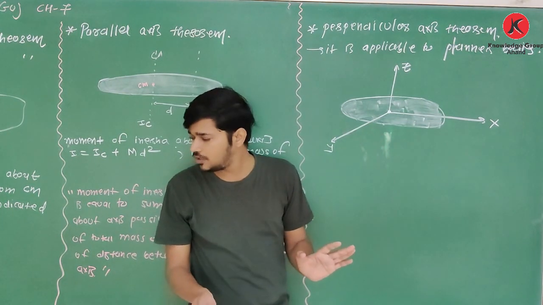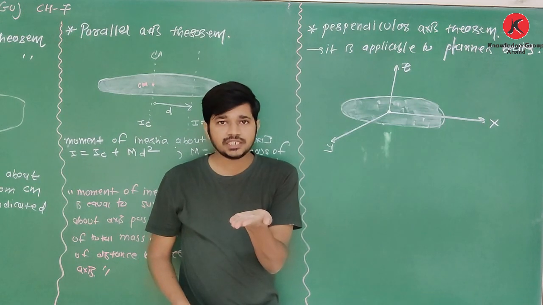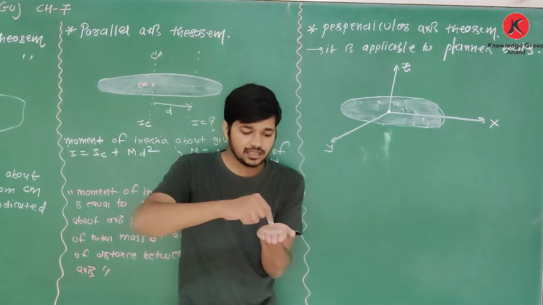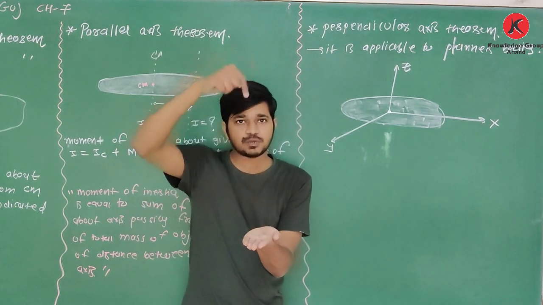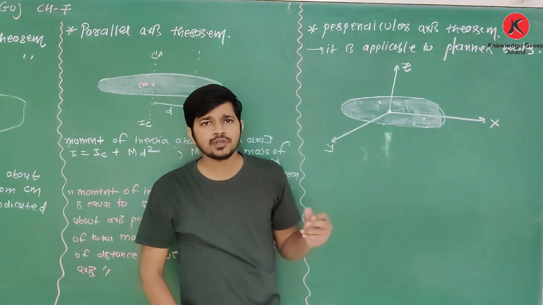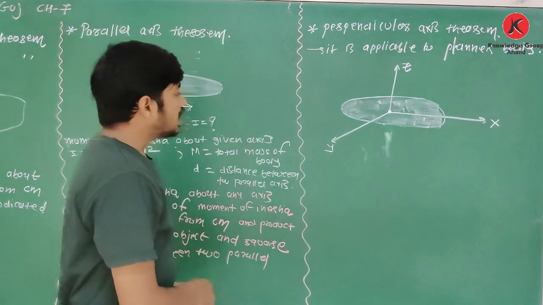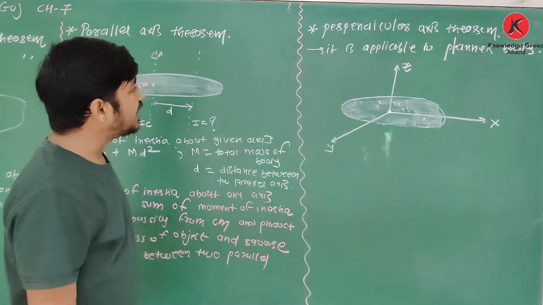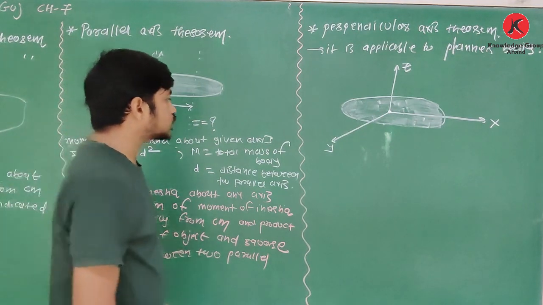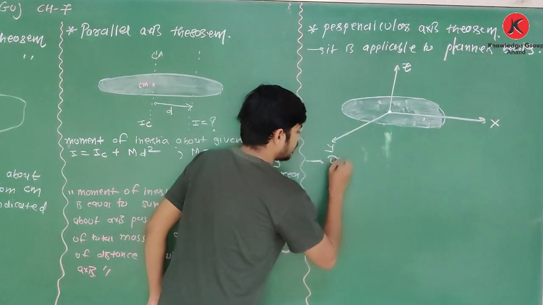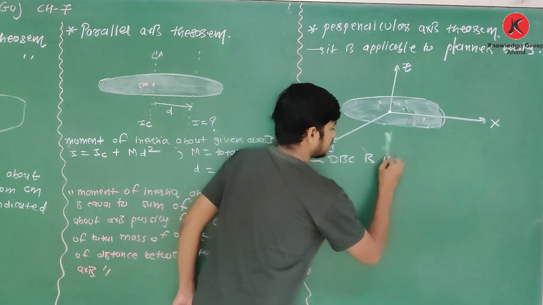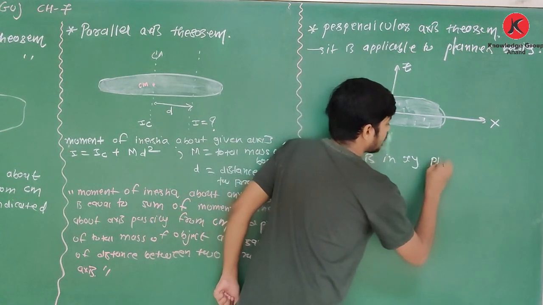Simple. Yes or no? If it is a disk, this is the x-axis, this is the y-axis, and the z-axis is perpendicular to it. Clear? So here the planar body lies in the xy plane. Here the disk is in the xy plane.